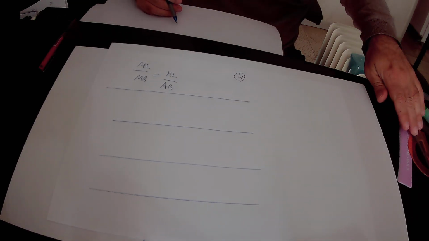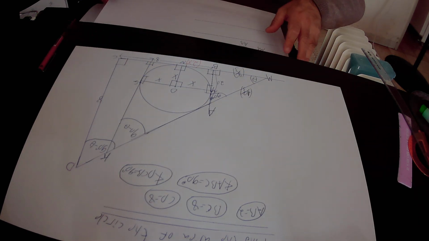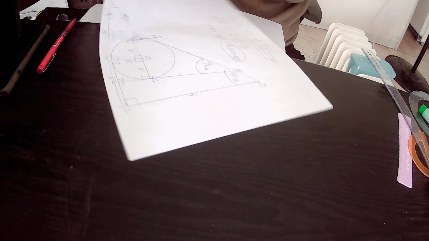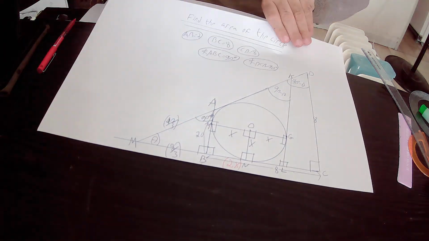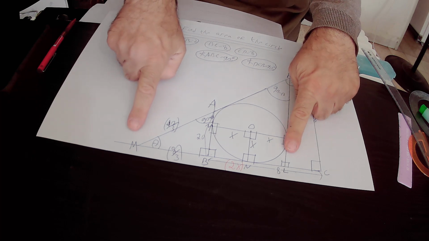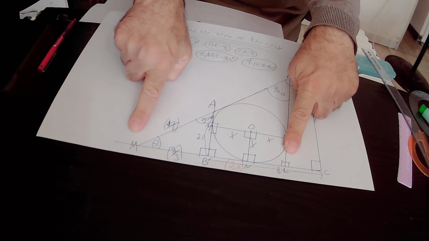ML over MB equals KL over AB. From the drawing, it is very easy to see that ML equals MB plus BL. That is to say, ML equals MB, that is 8 over 3, plus BL, that is 2x.